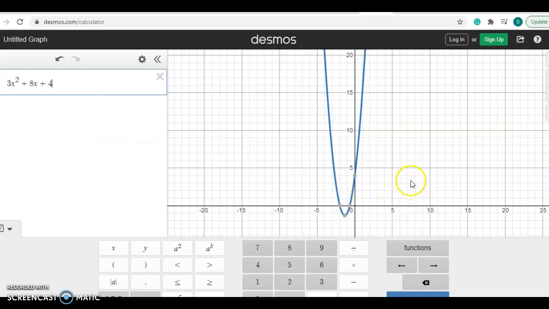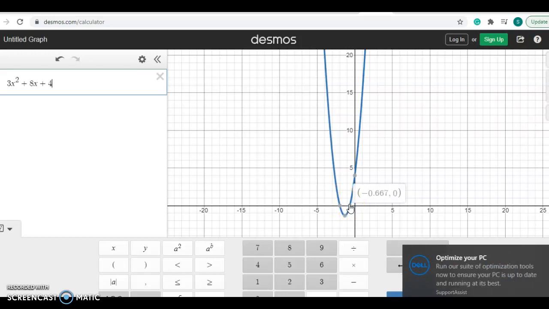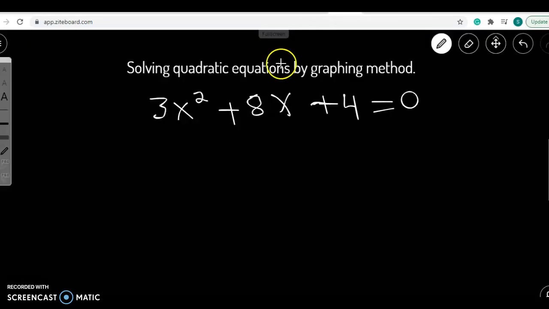So another name for solution is the x-intercept. Here we see -2, and here we see -0.667. So let's go back to our drawing board.